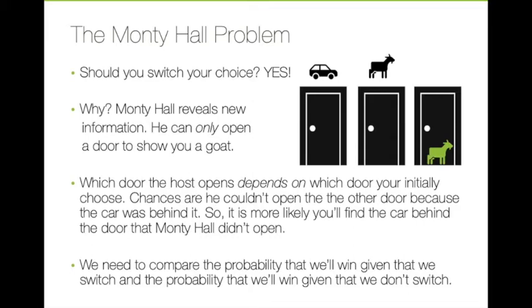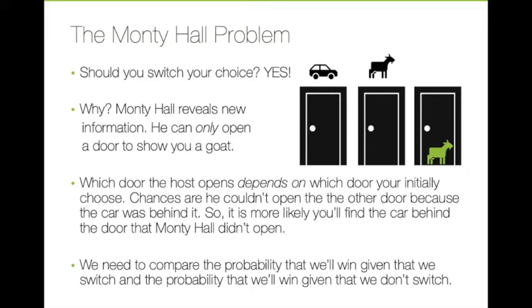Let's first give a very general statement of the answer. Monty Hall reveals new information to you. He opens a door to show you a goat, and he can only open a door that shows a goat. He can't show you the car. Which door he opens, then, depends on which door you initially choose.